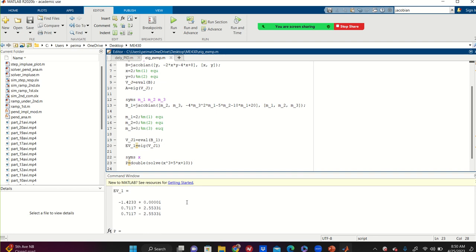Poles, eigenvalues, exactly the same numbers. So poles of the Laplace transform from the characteristic equation, the closed-loop transfer function, are eigenvalues of the linearized state space represented in the time domain.